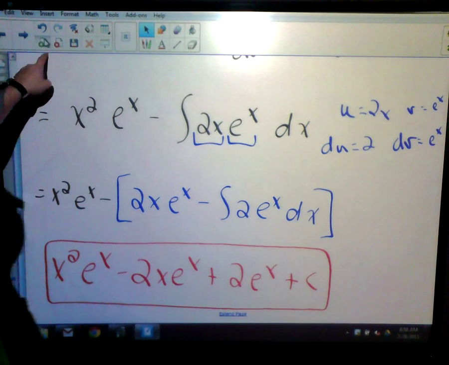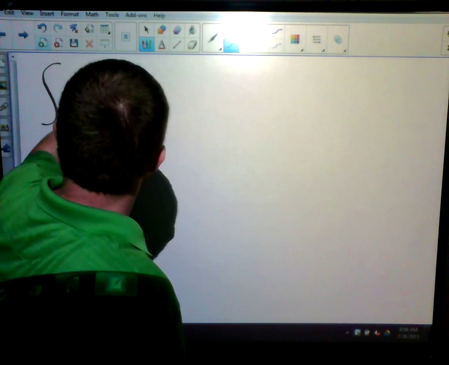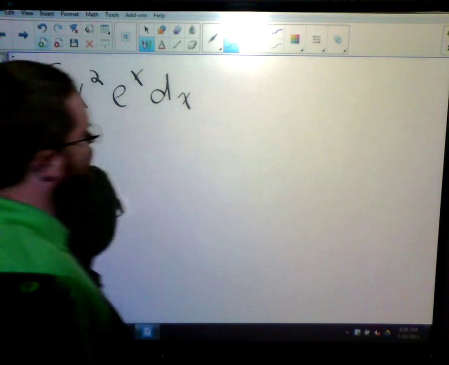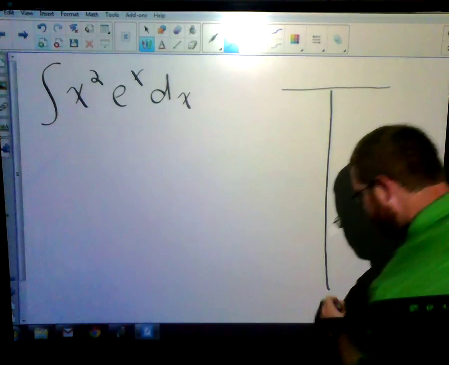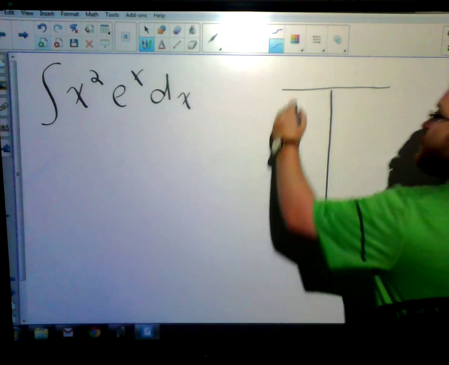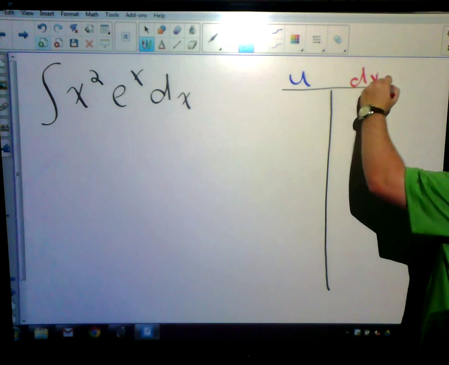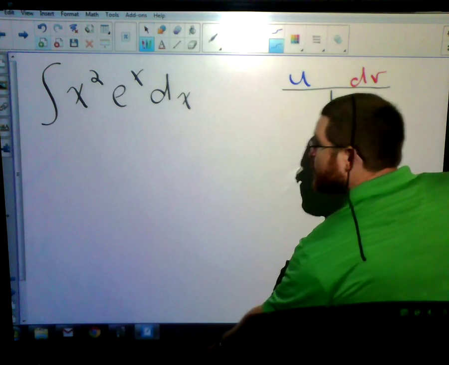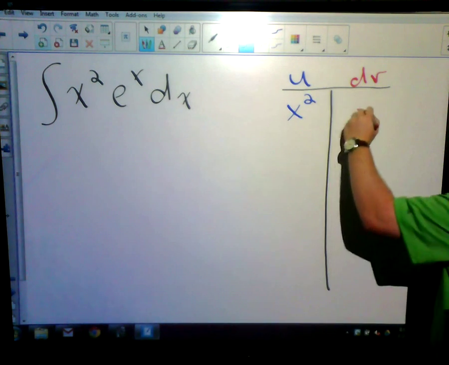As a shortcut to that problem, I want to show you something called the table method. The table method looks like this. Make a table. On this side, you're going to put u, and on this side, you're going to put dv. So my u is x squared, and my dv is e to the x.